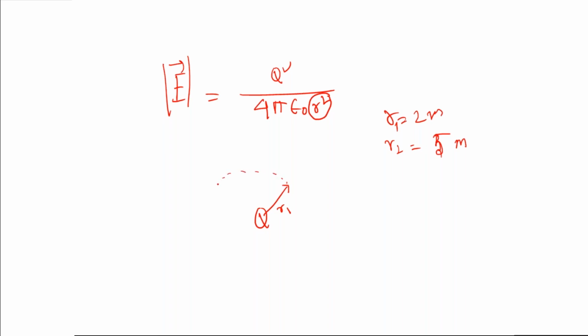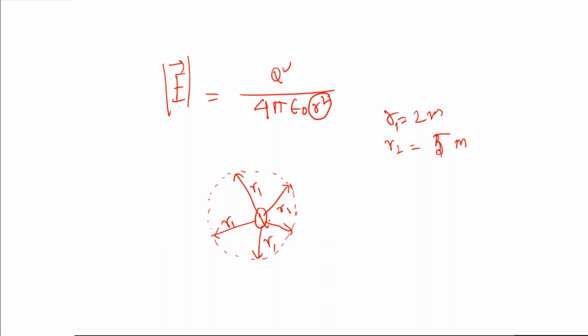So see the magnitude of the electric field at r1. If I draw a sphere with this r1 as radius, keeping the charge q at the center, the magnitude of the electric field at r1 distance at any point, or on the surface of the sphere, will be the same everywhere. Do you agree with this or not?